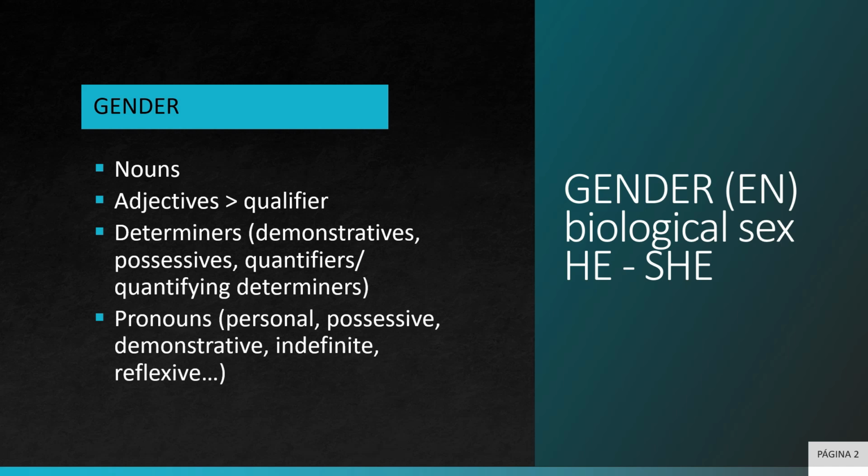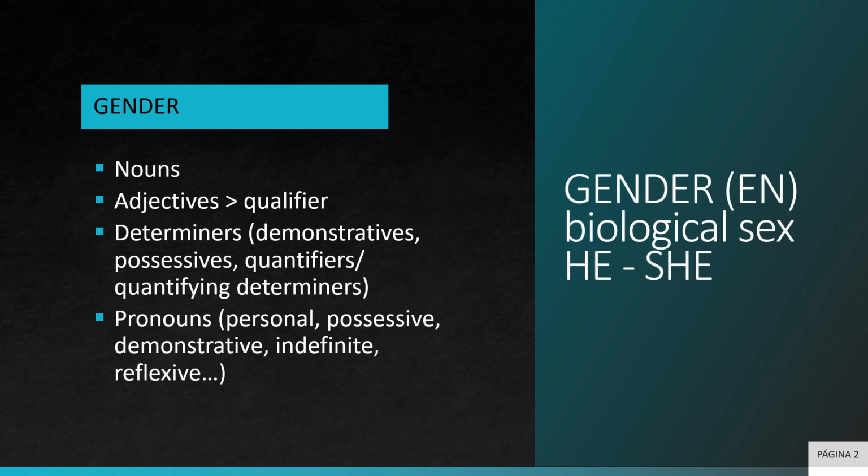And quantifiers, or as they are also called, quantifying determiners, denote quantity. Some people, many days, they always premodify a noun and they denote quantity. Many, some, few, etc.